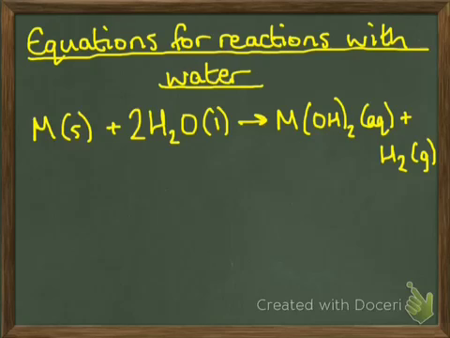So the formula of any Group 2 metal hydroxide is M(OH)2. It is a solution, so we give it the state symbol AQ. And because the reaction also produces hydrogen gas, we give it the state symbol G. Now, to balance the equation, we need to include 2 moles of H2O in this reaction.